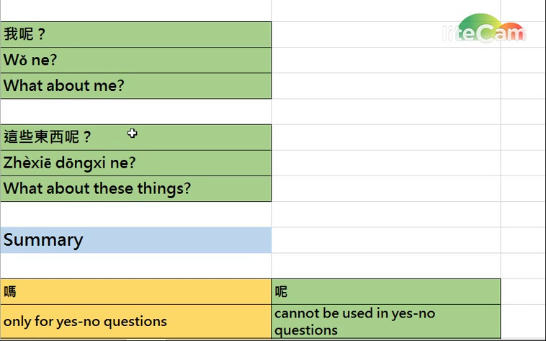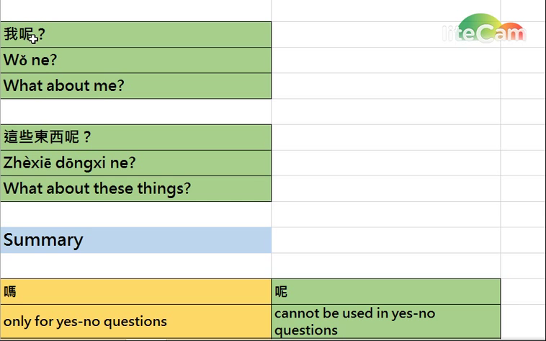And as you can see, it is very easy to query things in Chinese using the particle ne. Just say the thing you'd like to know about and put the ne right after it. This is very commonly used to ask bounce back questions in Chinese.